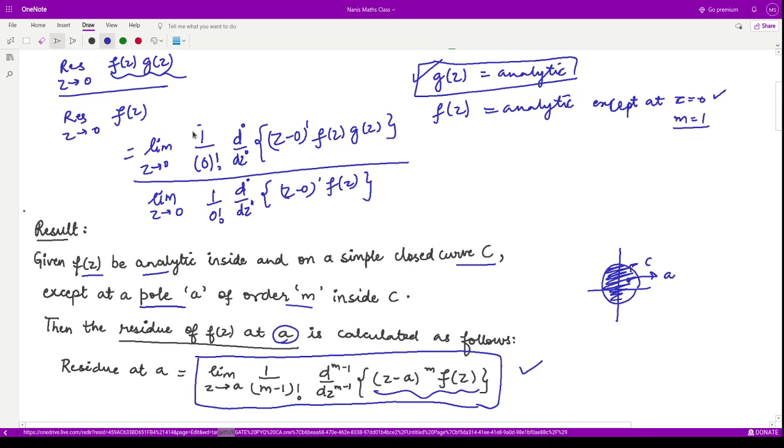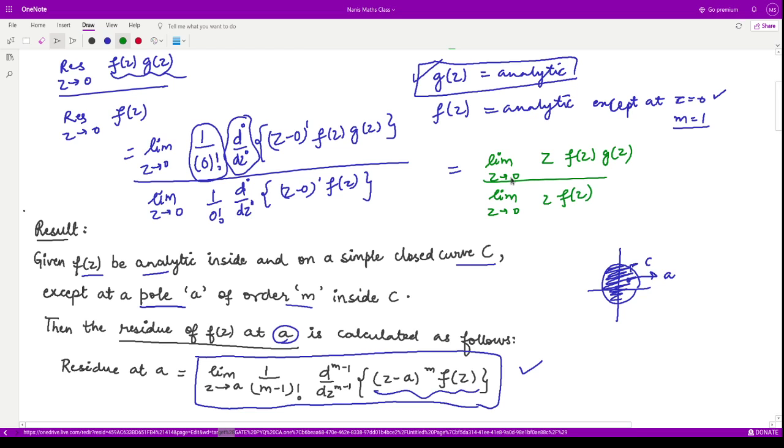So now this factorial is 1 and we are not operating anything onto this, so we can simply write this as limit z goes to 0 of z into f(z) into g(z), divided by limit z goes to 0 of z into f(z).